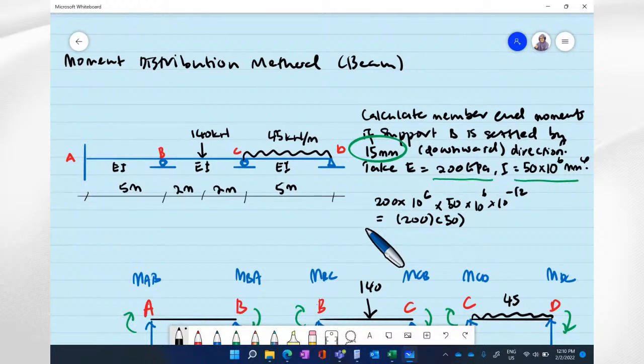So E is given as 200 GPa and I is given as 50 exponent 6 millimeter 4.